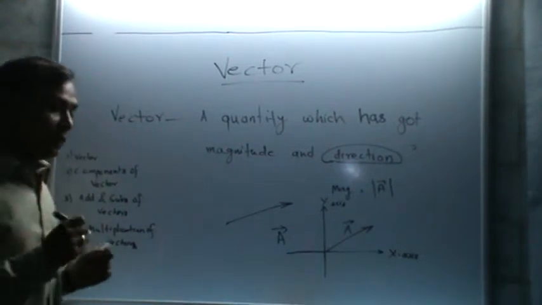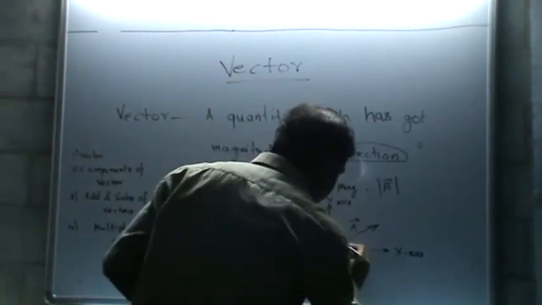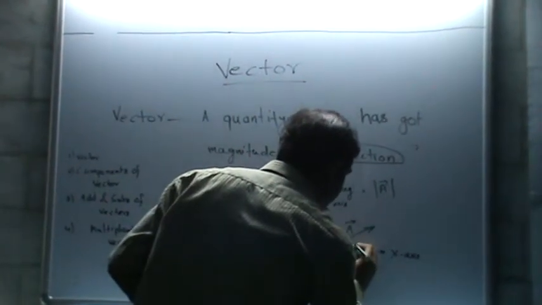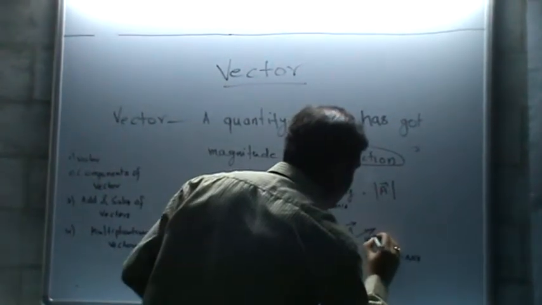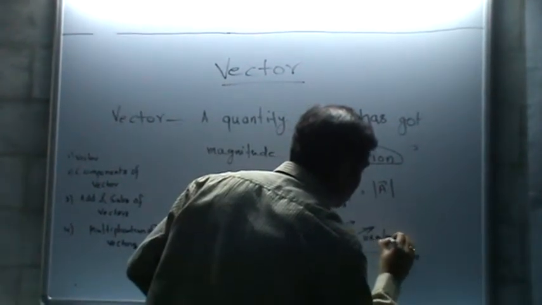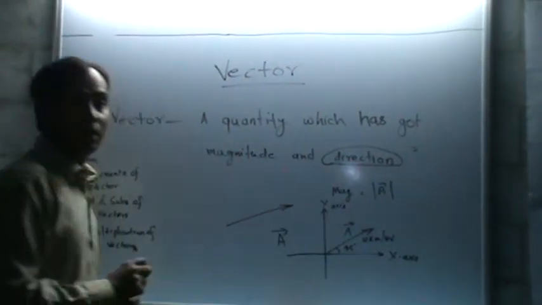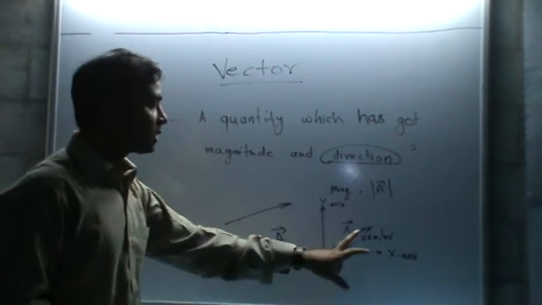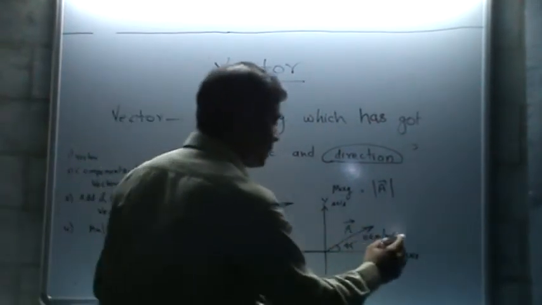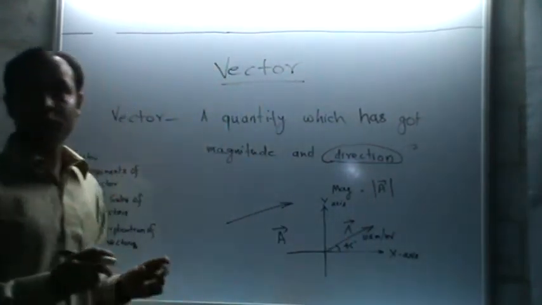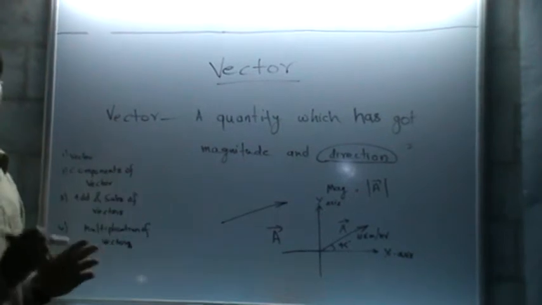Now, when we say 10 km per hour at an angle of 45 degrees with the x-axis, then it becomes a vector. Why a vector? Because it has got magnitude and it has got direction. And this speed is then called velocity. When we have speed, magnitude and direction, we call it velocity.